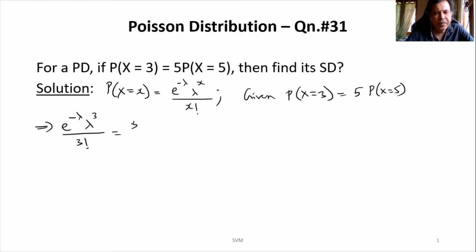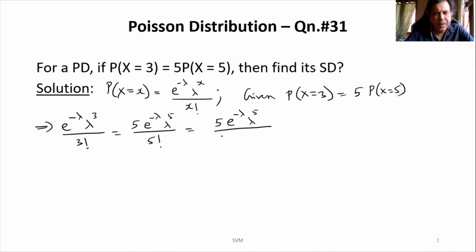Right hand side will be 5 times e to the power of minus lambda, lambda to the power of 5 divided by 5 factorial. So first of all, 5 factorial, I can write it as 5 into 4 factorial. So let me write it 5 e to the power of minus lambda, lambda to the power of 5.